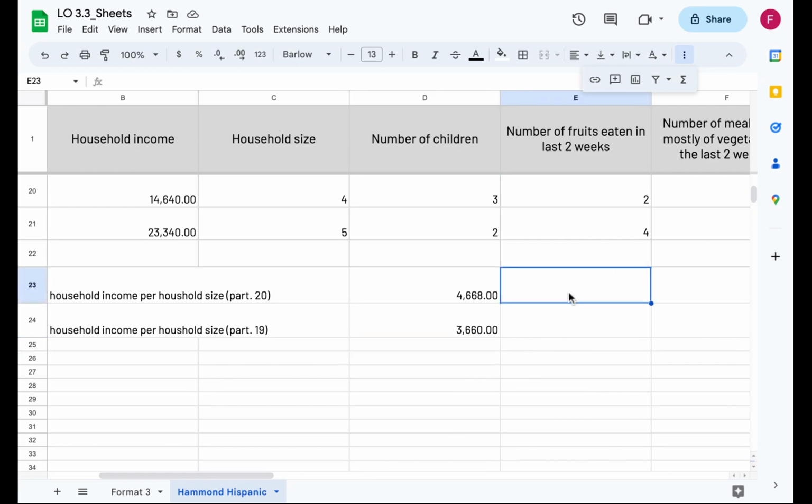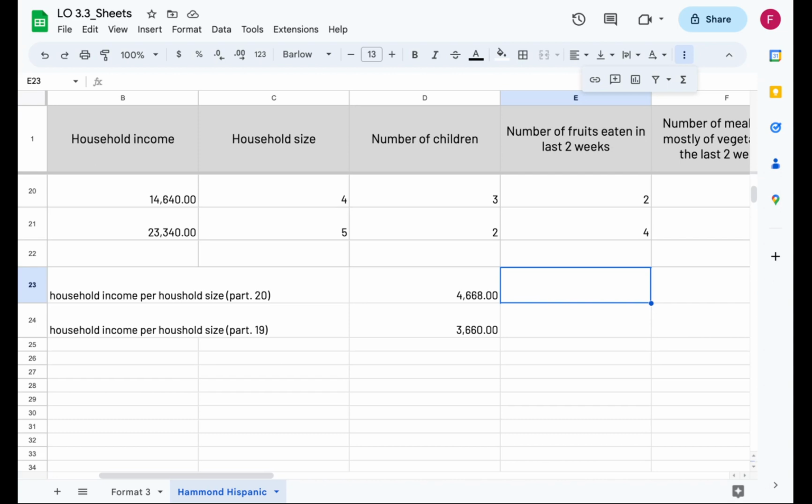Let's say in participant 20's household, sorry, there are 5 of them in the household, but instead of the 4,000 something that we have when we divided it, what they are actually earning is $6,000.